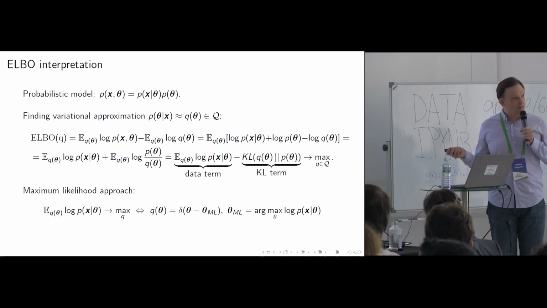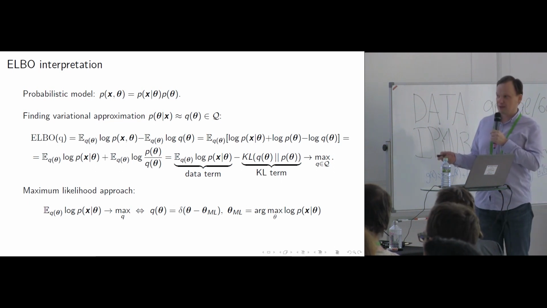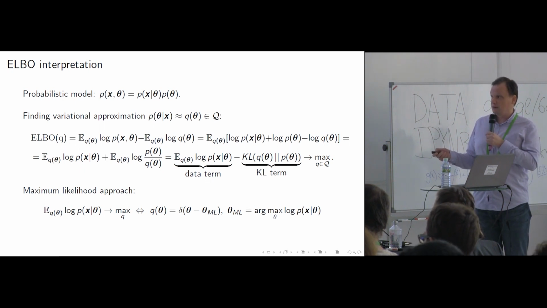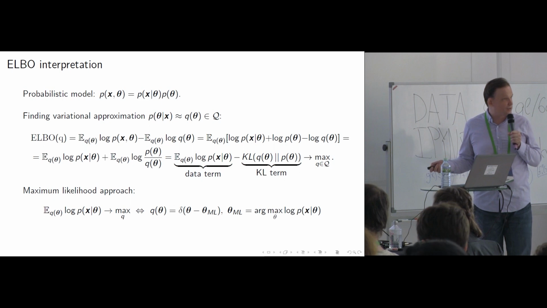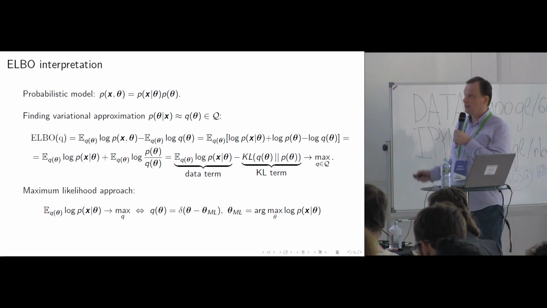And in this way, it's easy to see that we come to just maximum likelihood approach. If we maximize only the data term with respect to distribution Q, the answer is just delta function centered at the maximum likelihood point, nothing more.